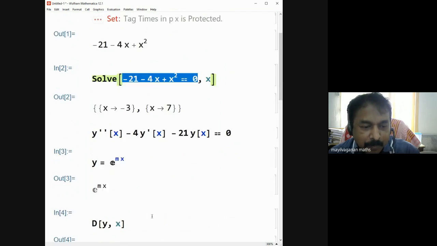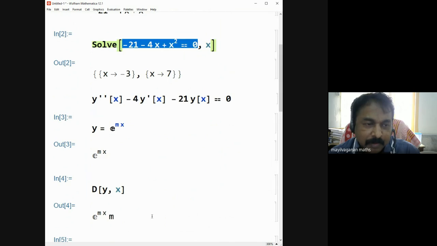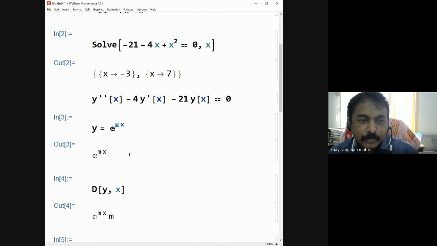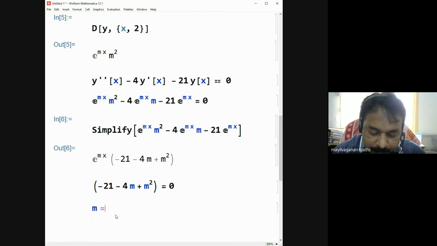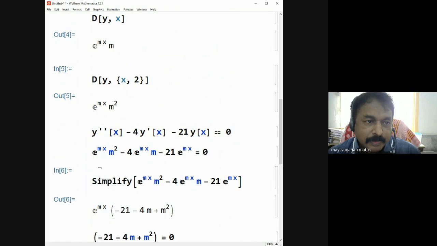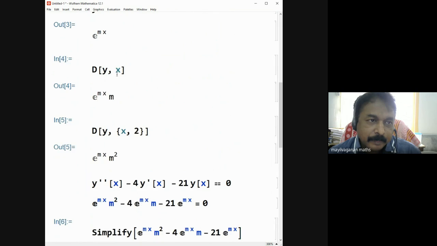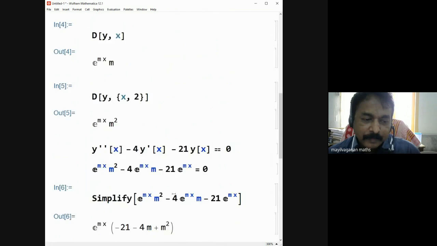So the roots are minus 3 and 7, meaning that this m takes two values, minus 3 and 7. One value of m is minus 3 and another value of m is 7.